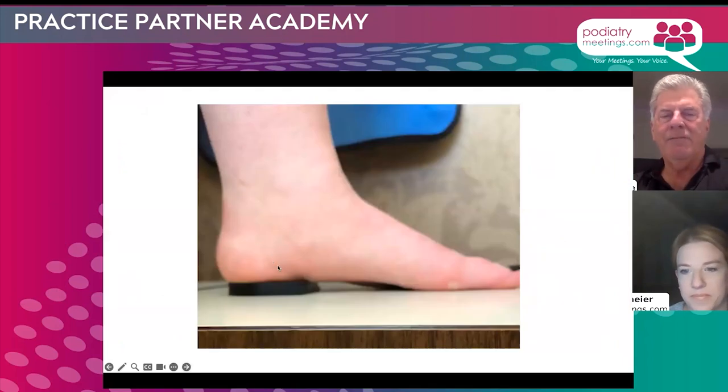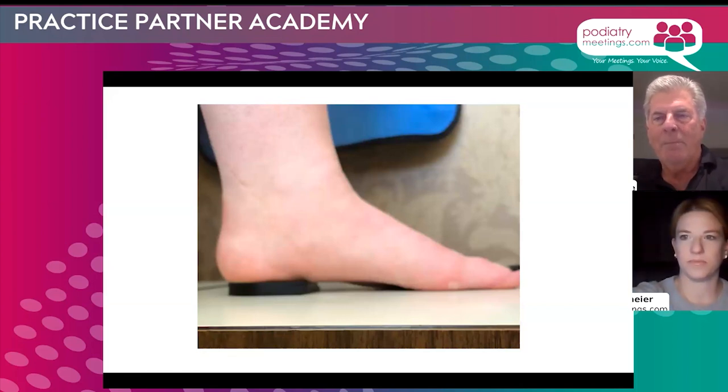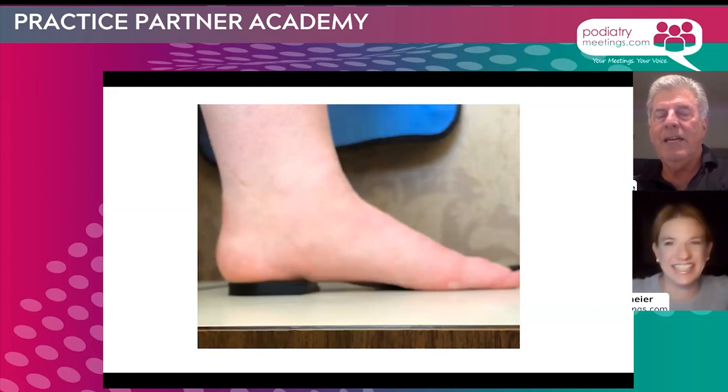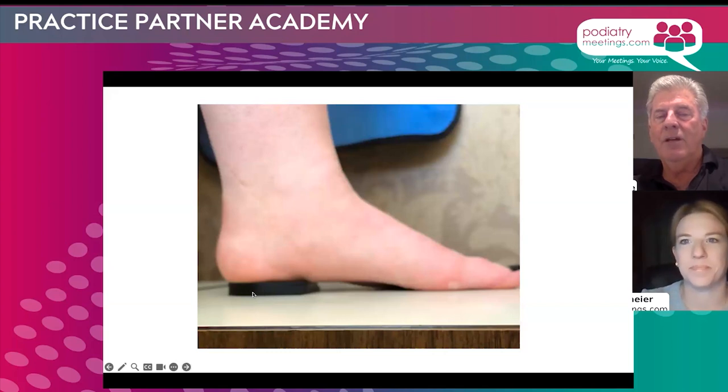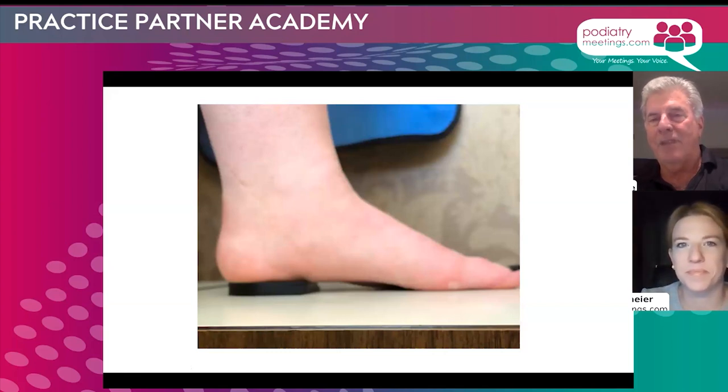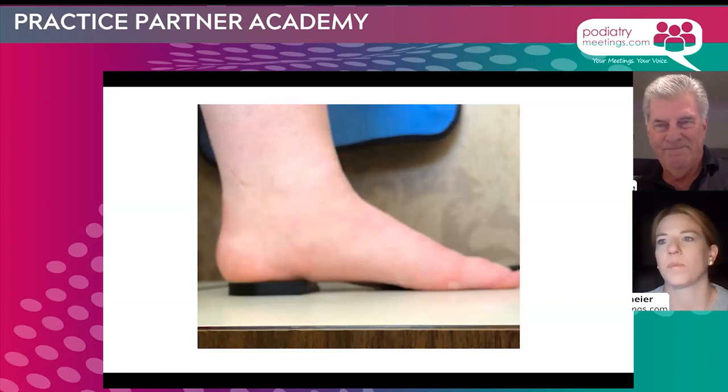A heel lift lifts the heel off of the bottom of the shoe or the supportive surface. When this same foot is placed in a high heel shoe, the heel sits in the bottom of the shoe, but the entire shoe is lifted off the ground by the heel of the shoe itself. Does that make sense? So in one scenario, the heel is lifted out of the bottom of the shoe, and in the other scenario, the heel remains in the bottom of the shoe.